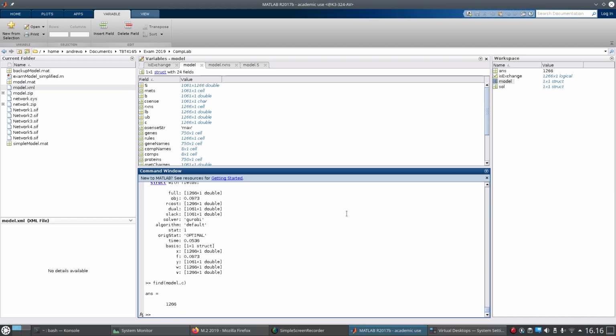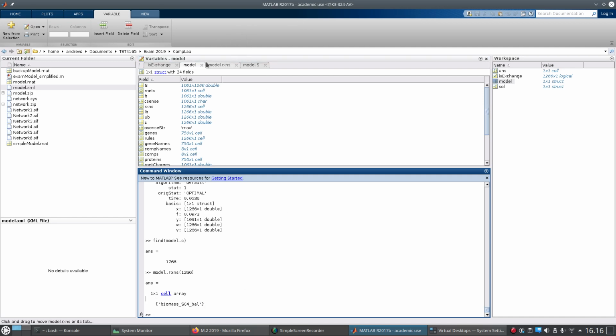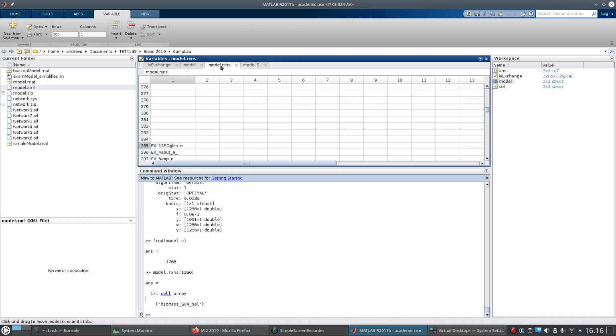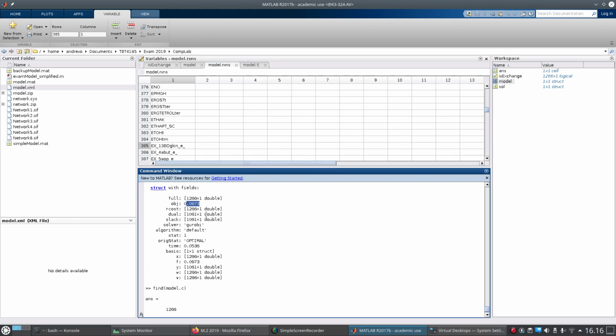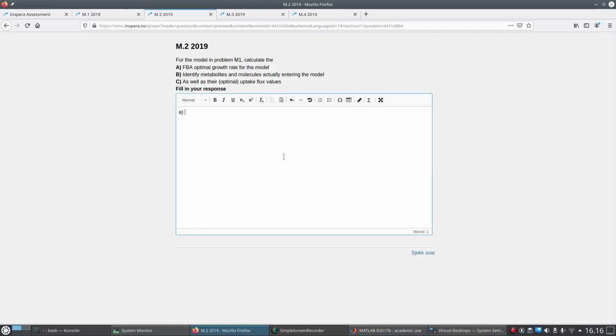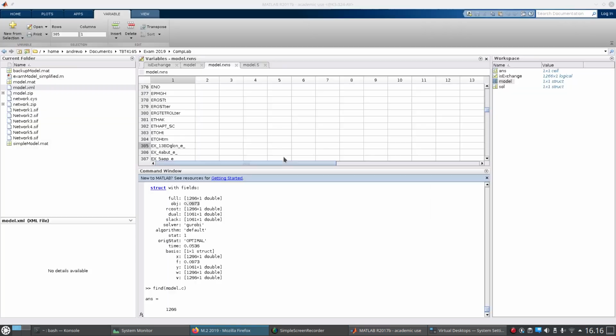I think if we just do this, yeah, 1266, and then if we do model.reactions 1266, that is the biomass reaction. Nice. So yeah, the optimal value of our objective, which is growth, is 0.0973. So the FBA optimal growth rate is 0.0973, if that was correct.